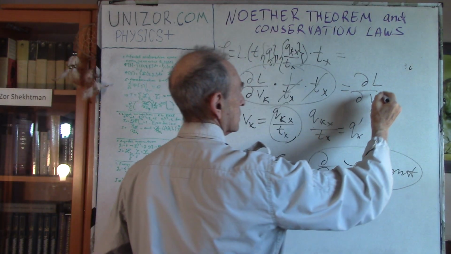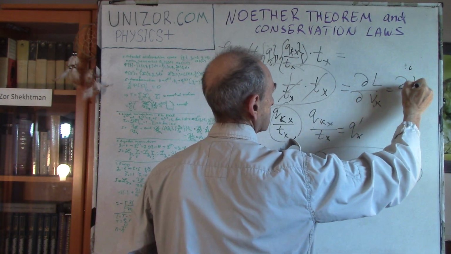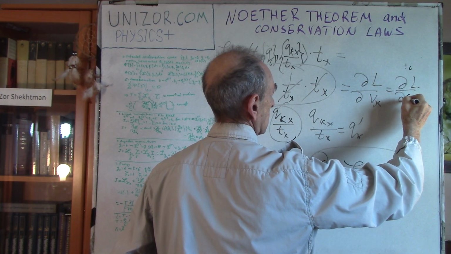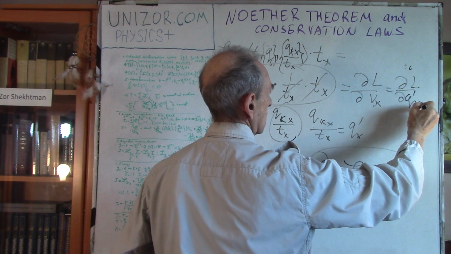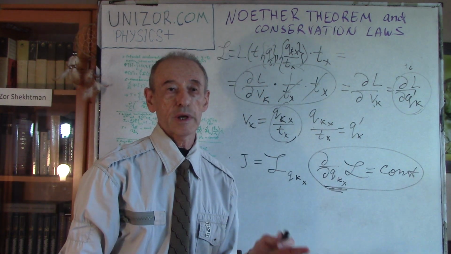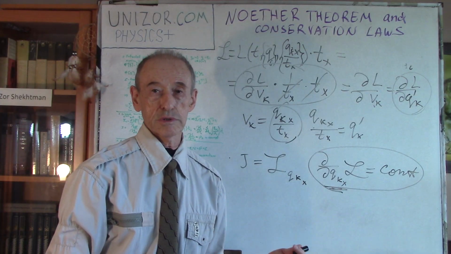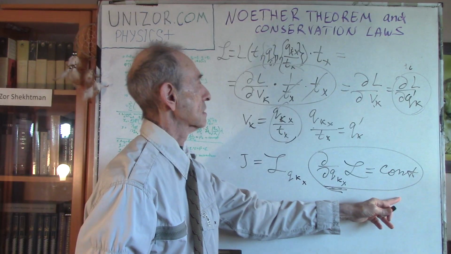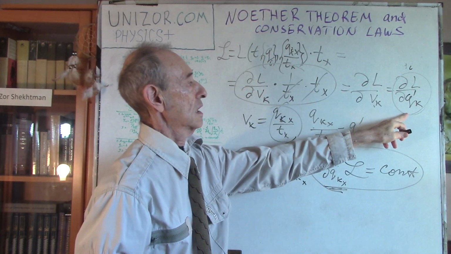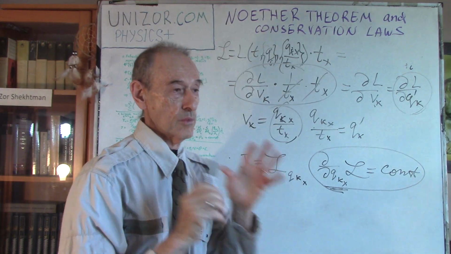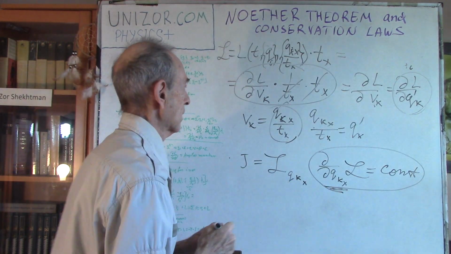So this is the derivative by time, by speed, by Q, okay. Which is what? This is the definition of momentum along the k-th coordinate. So what we have come up with, that this thing is constant, means this is constant. And this is a momentum.